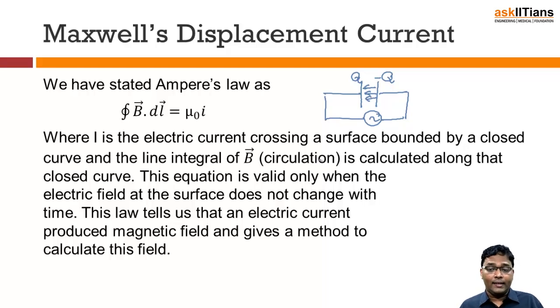If this electric field exists, mind you, so far I haven't said anything, I'm just saying that I have a capacitor which has charges plus Q and minus Q. Further, because of the presence of these charges, because of the difference of the charges, that invariably tells me that there should be some amount of electric field present. If there is an electric field present, that means there is going to be a potential difference.